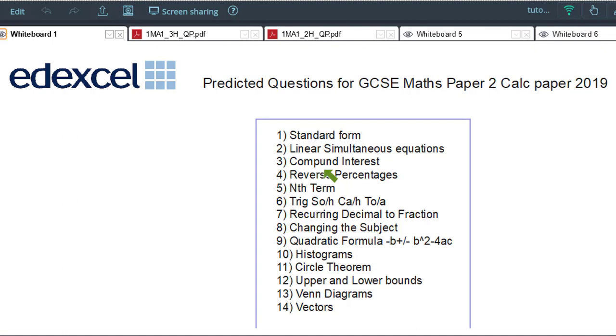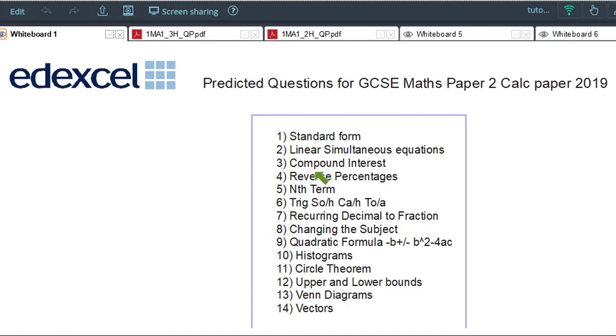Compound interest, yes, compound, sorry about that. Compound interest, it could just be that they want you to find out the interest, or like we saw, maybe they'll reverse it, add some algebra in, so you could be finding the rate, or you could be working back to the principal. So a reversal or involving algebra would make that more difficult.